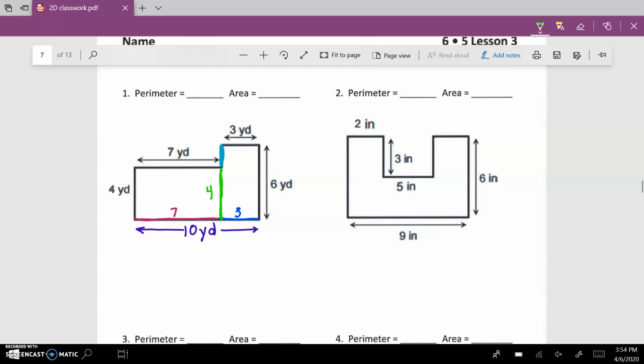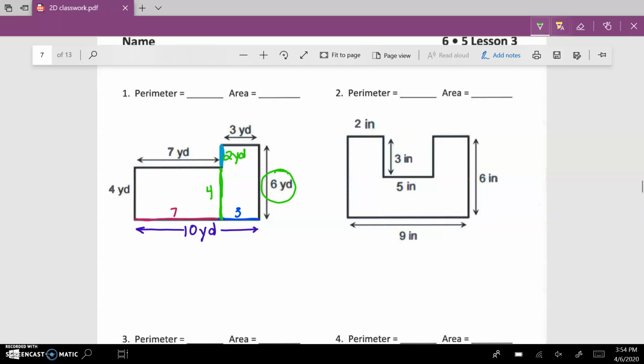Now, if you look on the right-hand side, this entire length is 6 yards. So I've used 4 going up to this point, and you have to figure out how many more I have to go to get all the way to the top. You would have to go another 2 yards.